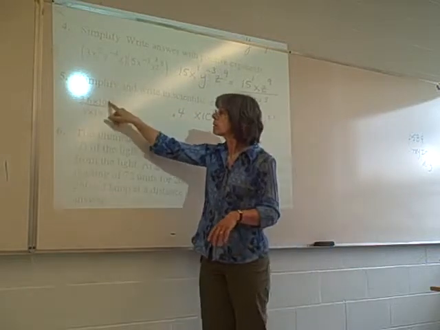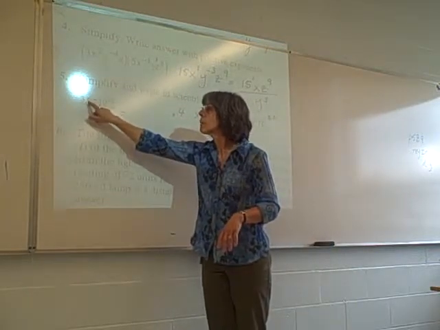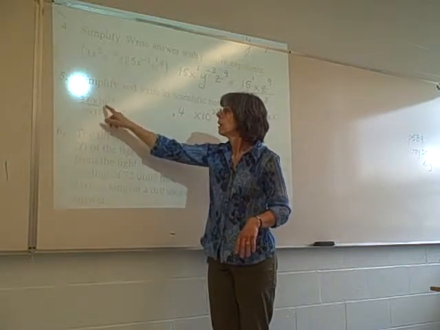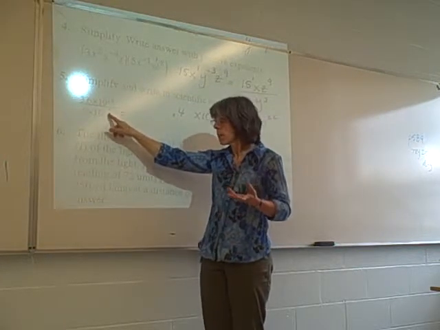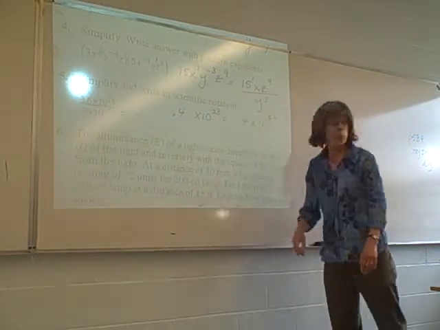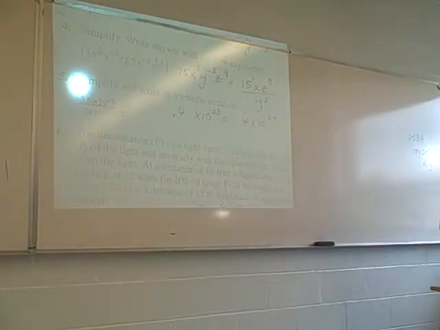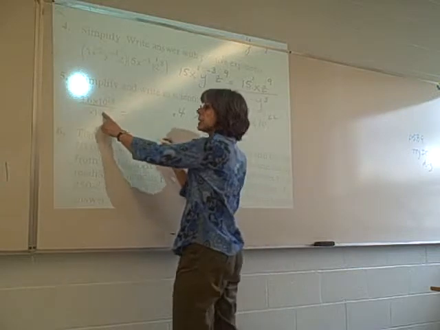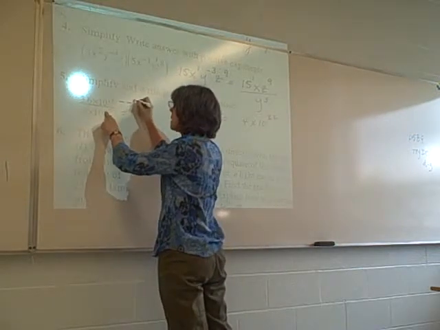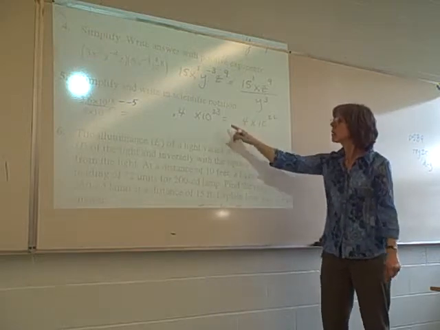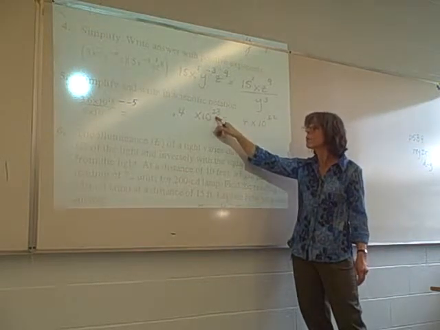Now, I know I'm dividing here, so I have 3.6 divided by 9, which was 0.4. 10 to the 18th divided by 10 to the negative 5, what am I doing? I'm subtracting. So what is minus a negative 5? This is saying 18 minus a negative 5, and it's going to become plus. So I have 10 to the 23rd.